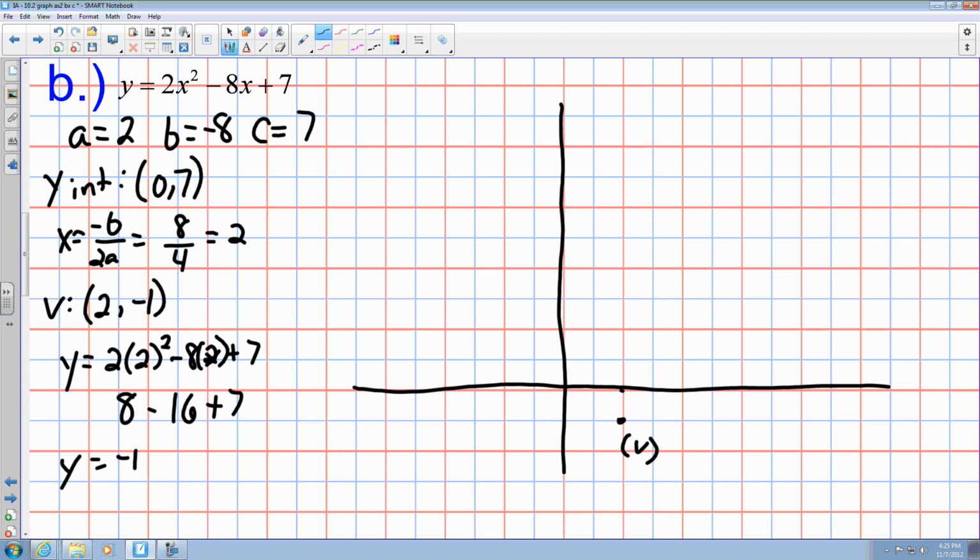And our y-intercept is at 0, 7, so 1, 2, 3, 4, 5, 6, 7. And now it's just a matter of connecting these points. And there you go. That is our graph of our quadratic equation.